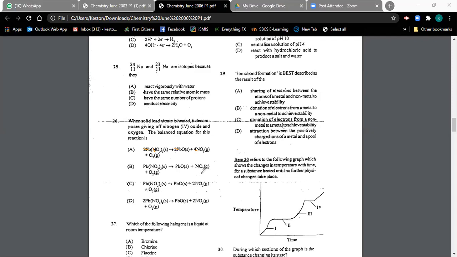I could be blind. Look at the other two here. 12, right? Very good. Yeah, that's it. That's only lead, only nitrogen, and only oxygen.